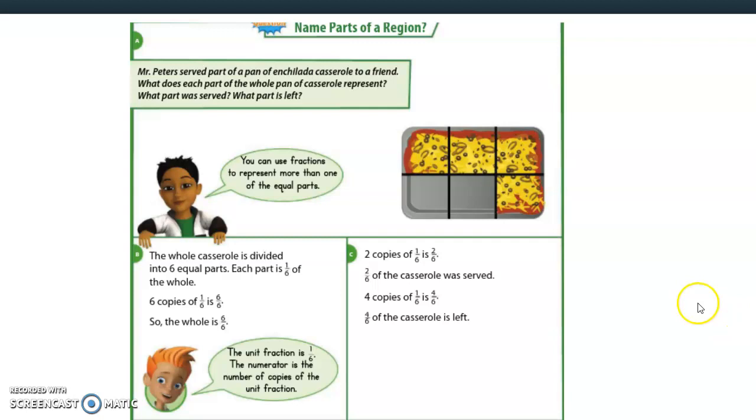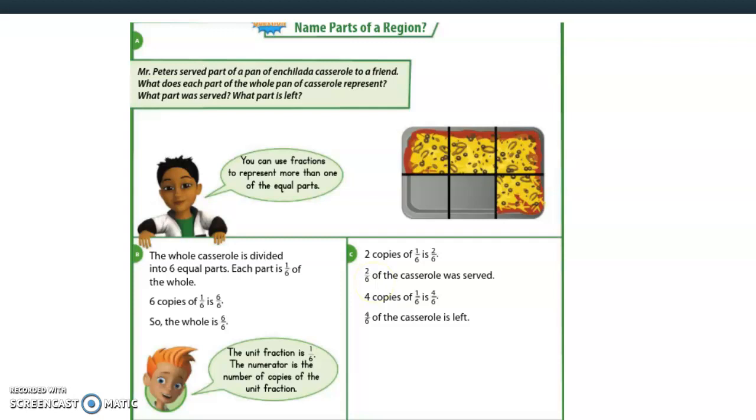So what they're saying is they want you to count all of the pieces, and I can see that there were 6. So each of these little ones is 1/6 of the pan. Then if I look how many are missing or which number was served, that was 2/6. And how many are left in the pan?